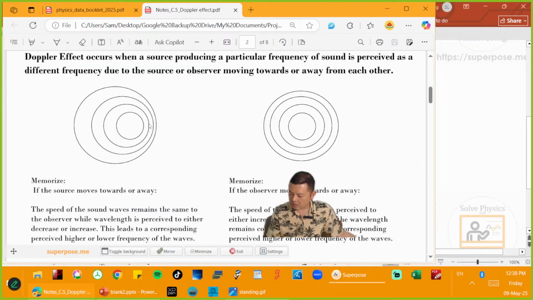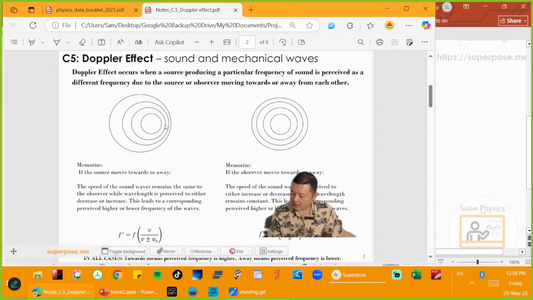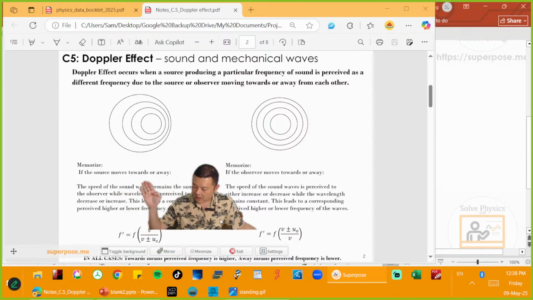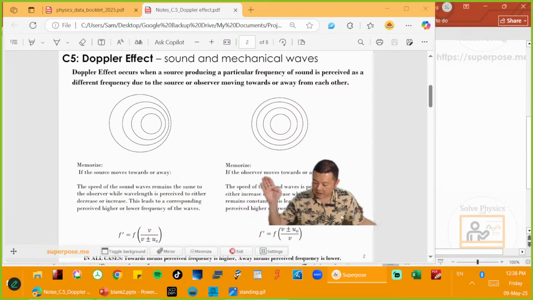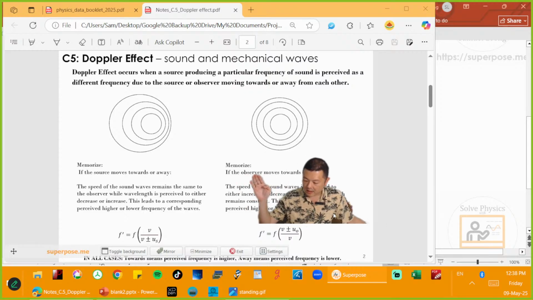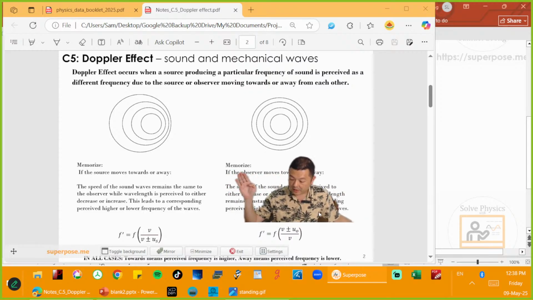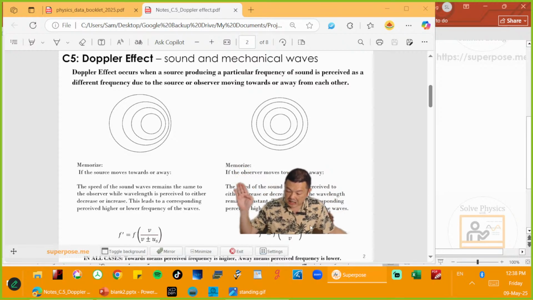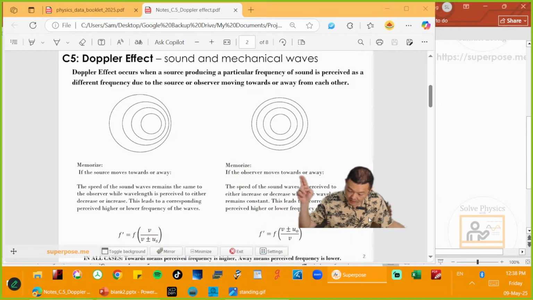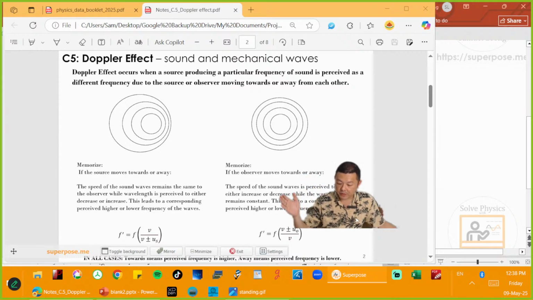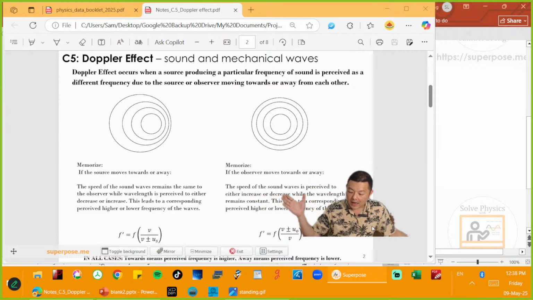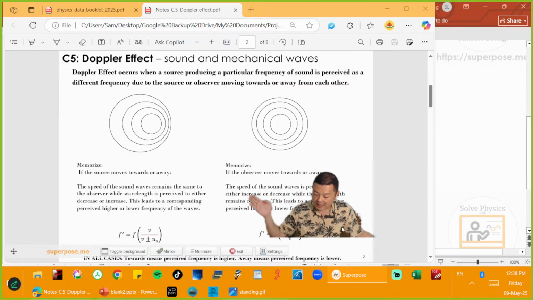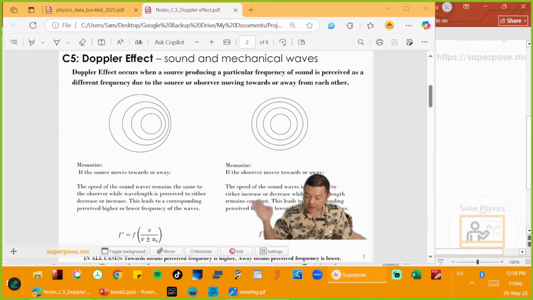Okay, so sound. No, observer is moving. You see that? And you see this? So if the observer is moving towards or away, what is changing? The speed of sound is perceived to either increase or decrease while the wavelength remains constant.